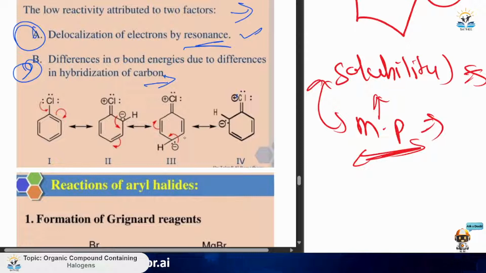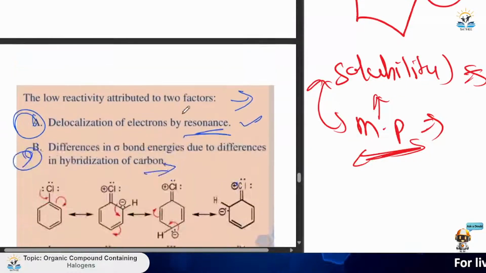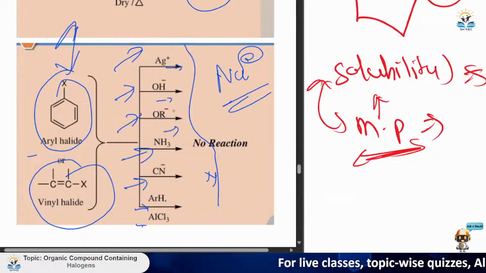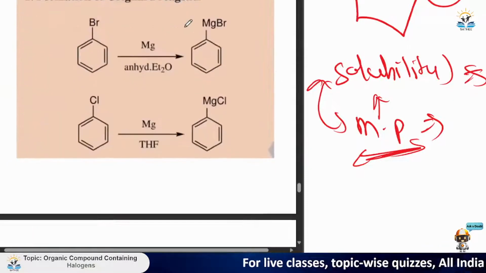So that's why there is the low reactivity, and no product is formed when reacting aryl halide or vinyl halide with compounds like Ag positive, OH negative, OR negative. Okay, so these are some of the reasons.